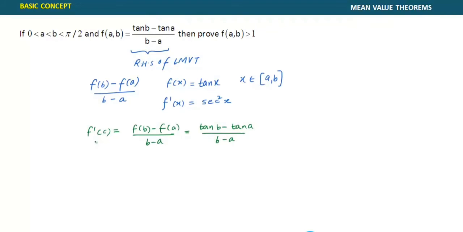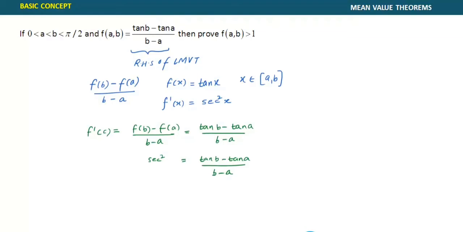This says that secant square c will be equal to (tan b minus tan a) by (b minus a). Let me replace x by c so that you people can understand.